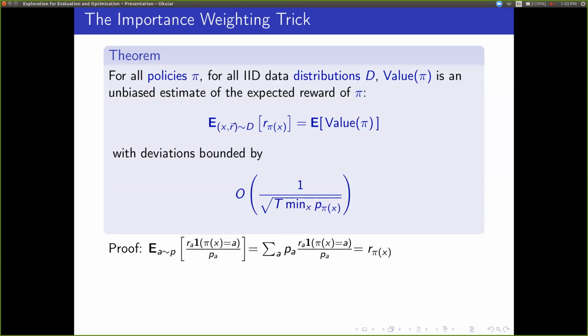So this is unbiased on a per event basis, which means that it will be unbiased for a sequence of events as well. Okay, so this is a very simple thing, but this is very important because this says that the y-axis can be revenue or clicks or something like that.